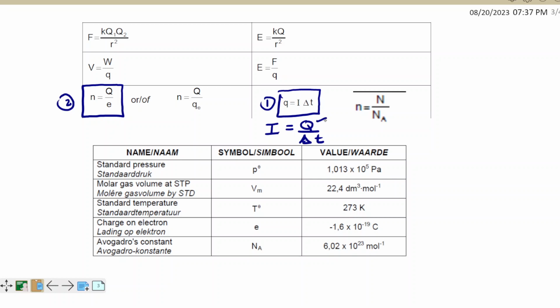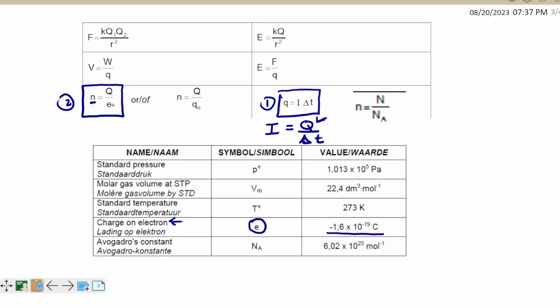But this formula for the charge says N is equal to Q over E. What does this N stand for? What does this E stand for? Now the E you can see here is the charge on the electron, or is called the quantization of charge. It has that value.